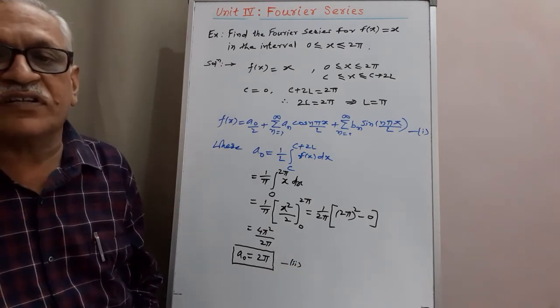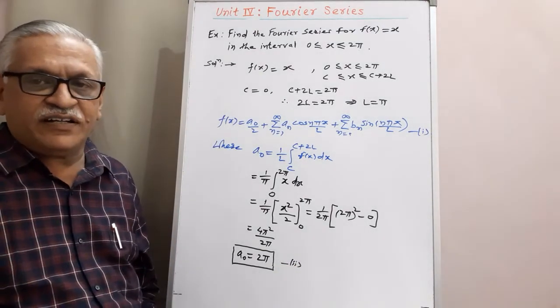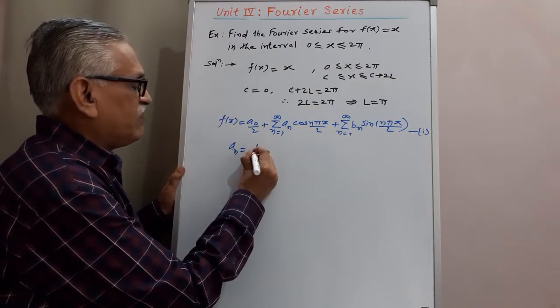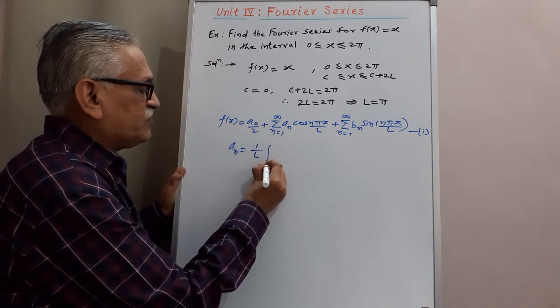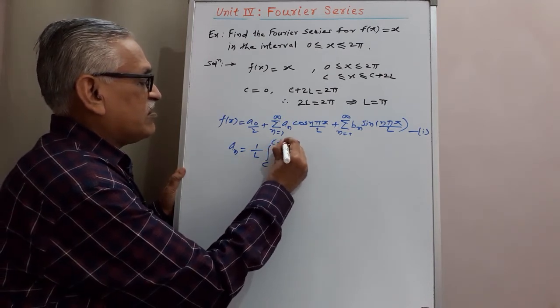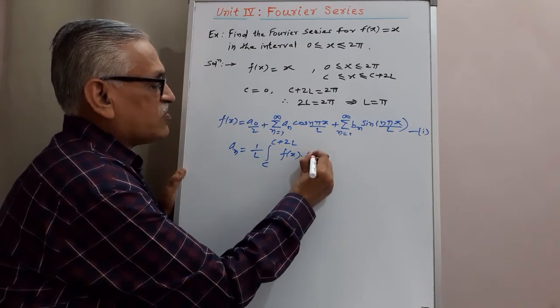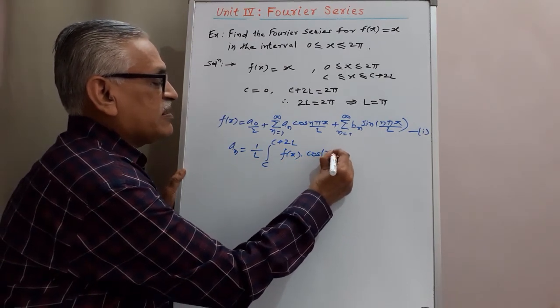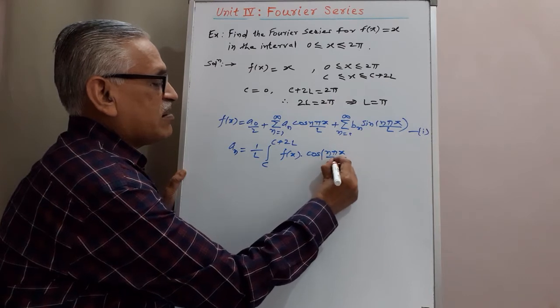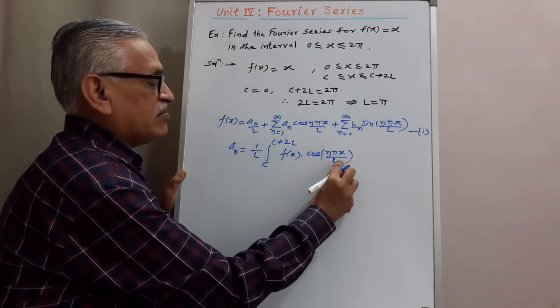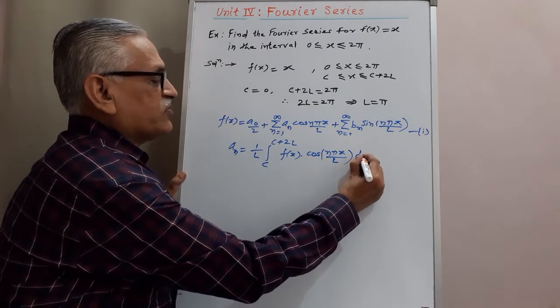That is the first Fourier coefficient. Then we need to find the remaining an and bn. An is given by, again, 1 by L integration from c to c plus 2l of f of x multiplied by cos of n pi x by L, with respect to x.